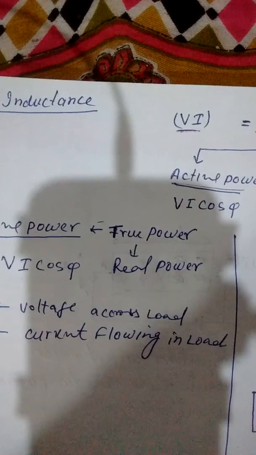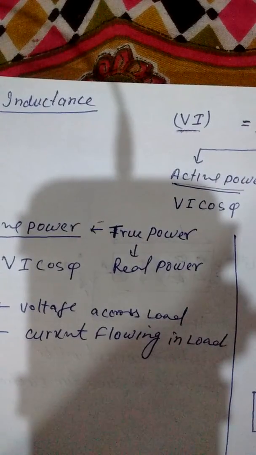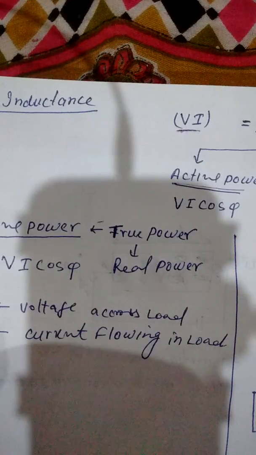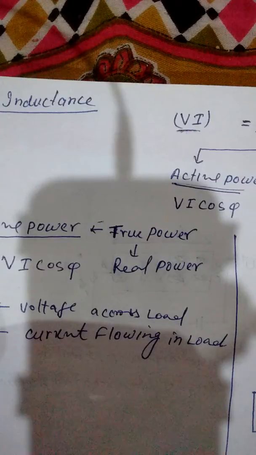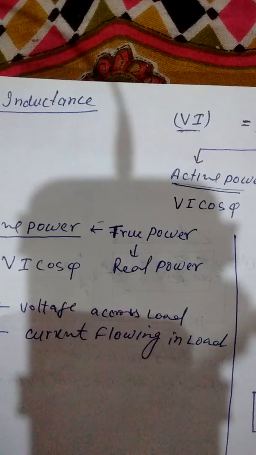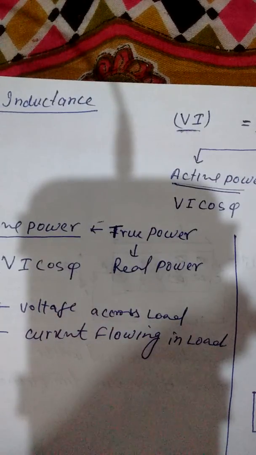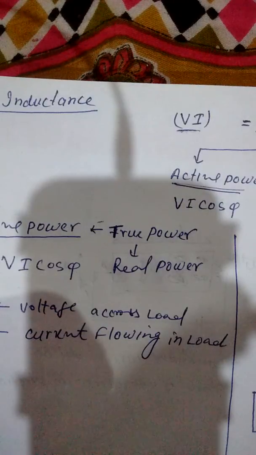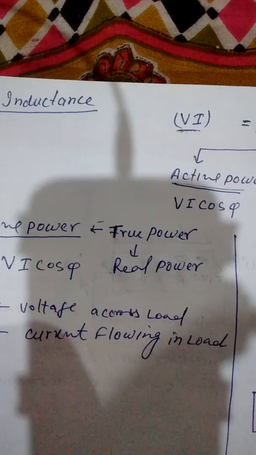Now, we want to discuss how it's real power and how it's true power. Actually, whenever there are losses in a resistance somewhere, then this loss is indicated by active power or true power or real power.